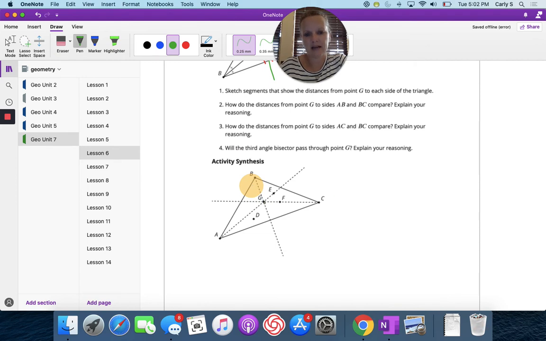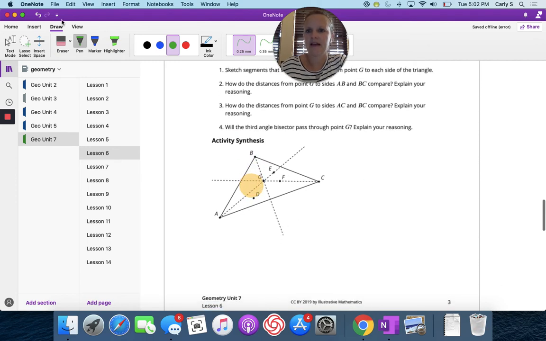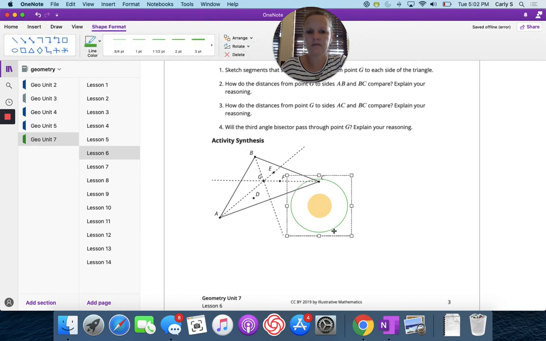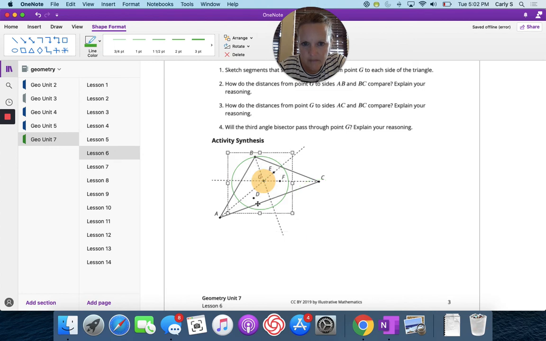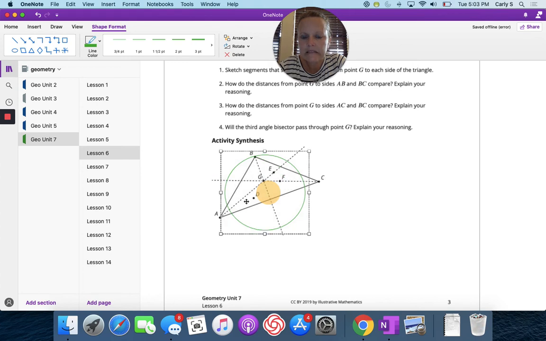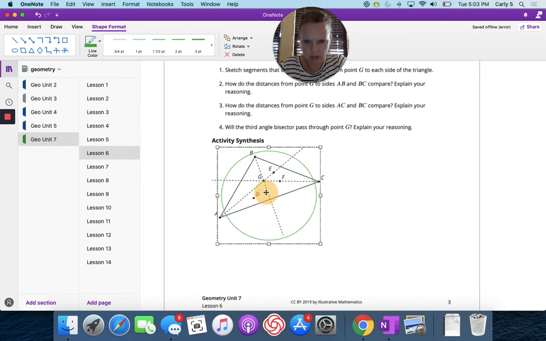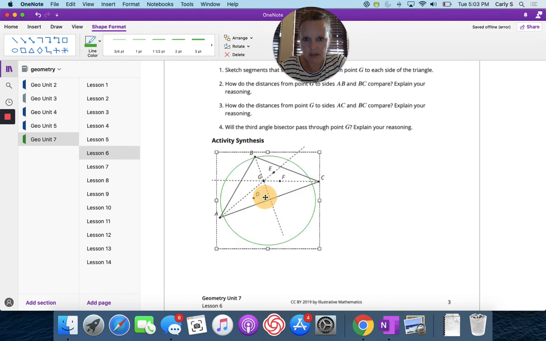Now that we know that, I could also insert a circle and center it. It's not easy to do. Center it again. If I were in GeoGebra, it'd be pretty sweet.